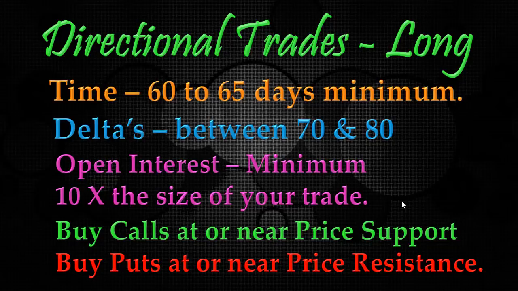But just recognize what you're doing here. If you do it as a constant habit, you're going to find your win-loss ratio starts to suffer. I've got the statistical work from years to prove that to you. If you stay in that 60 to 65 day minimum and give yourself an opportunity to be right on the direction, you will win more of your trades.